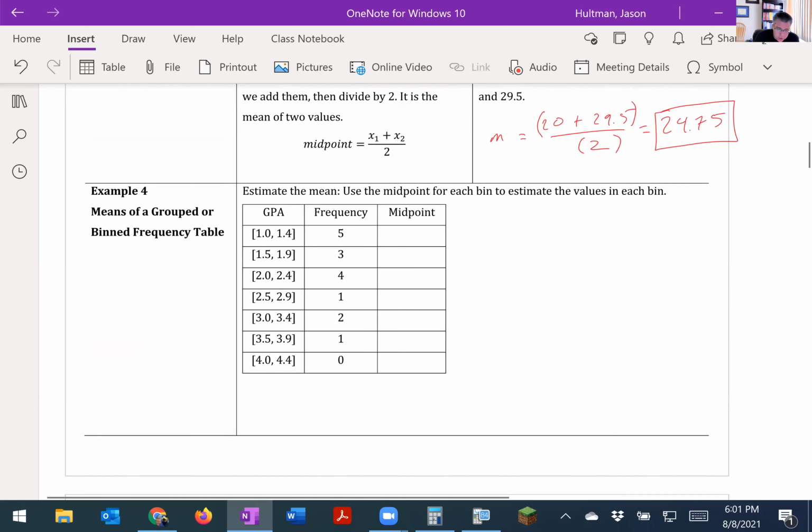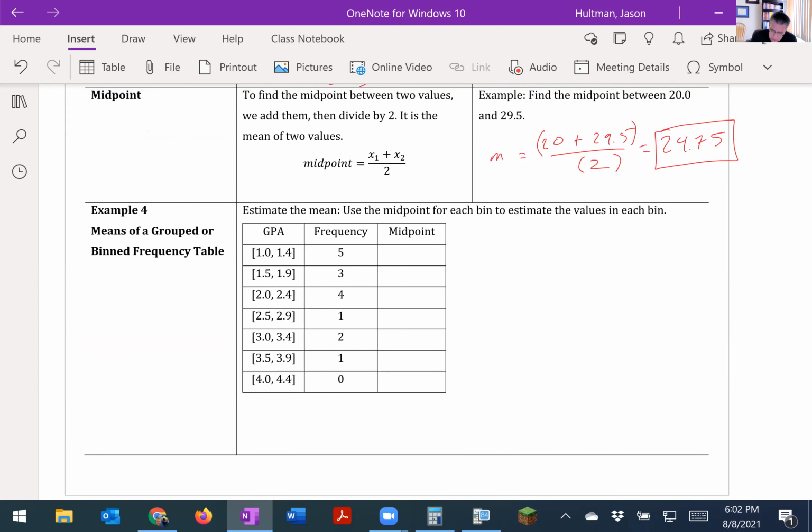Okay, example 4 here. Estimate the mean. Use the midpoint for each bin to estimate the values in each bin. So each bin here, the first one is 1 to 1.4. So the midpoint there, I'll just do the first two here, the midpoint for bin 1 is going to be equal to 1.0 plus 1.4 over 2, which is 2.4 over 2, which is 1.2.